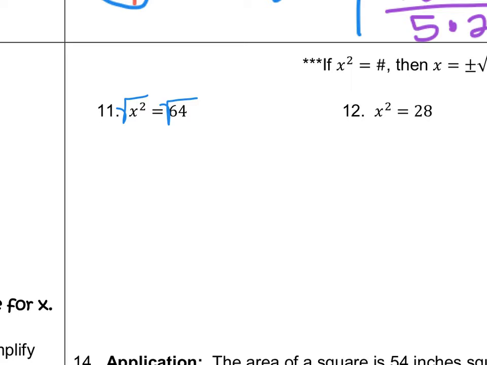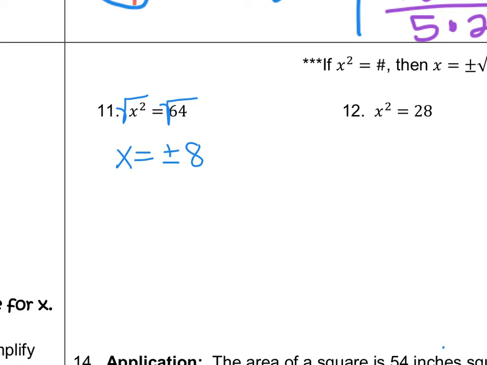So the square root of x squared is x equals plus or minus the square root of 64, which is 8. So it's important that you get this idea in your head when we're taking the square root of both sides, that we're going to end up with plus or minus on the number. That's going to help us in our next lesson when we start working with the quadratic formula.